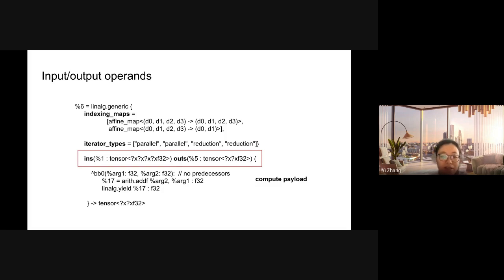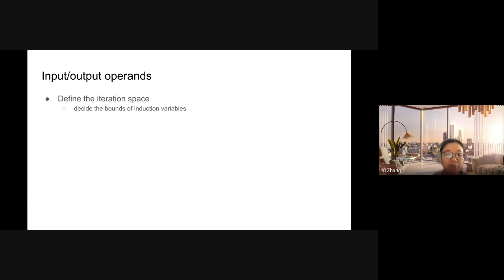The next component in the Linalg generic op is the input and output operands. An important purpose of the input and output operands is that they define the iteration space. What this means is that the shape of the tensor decides the boundary of the induction variables.